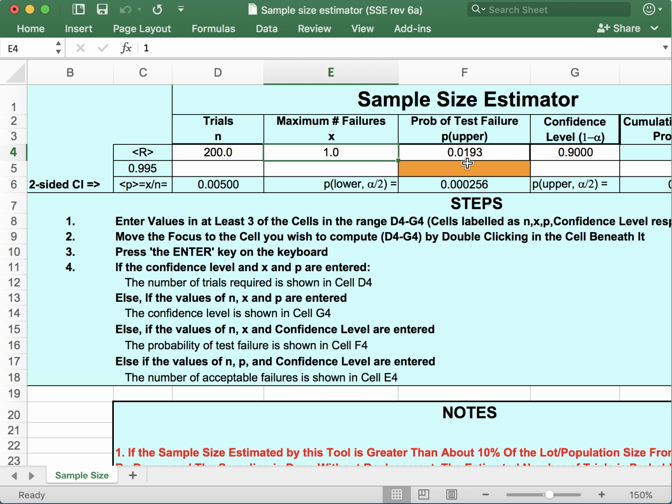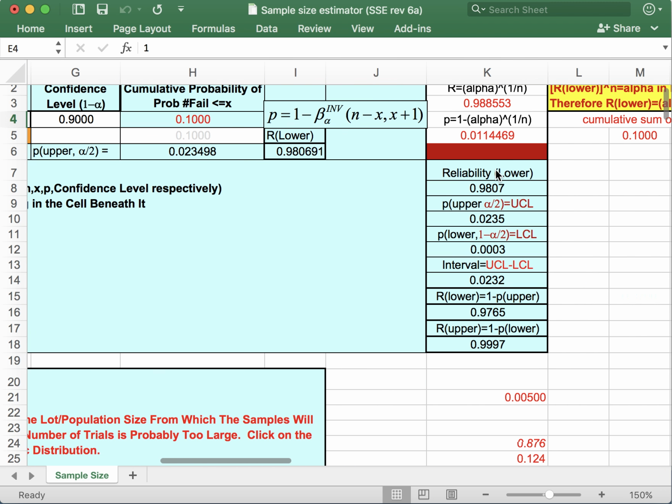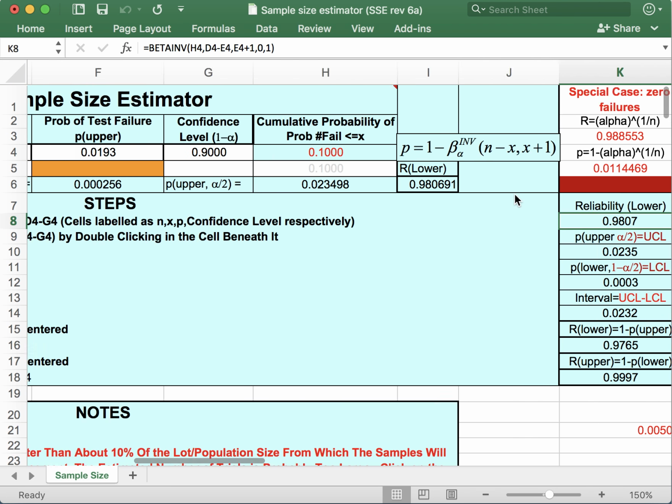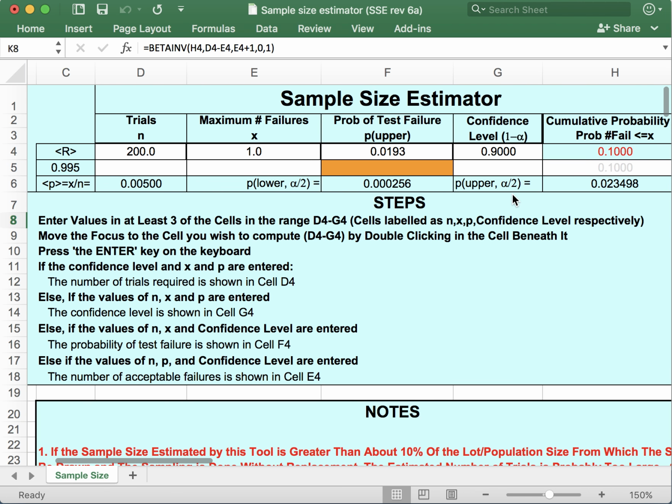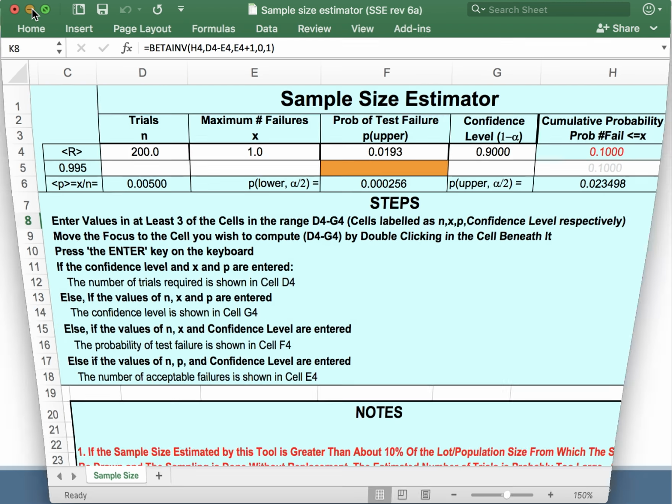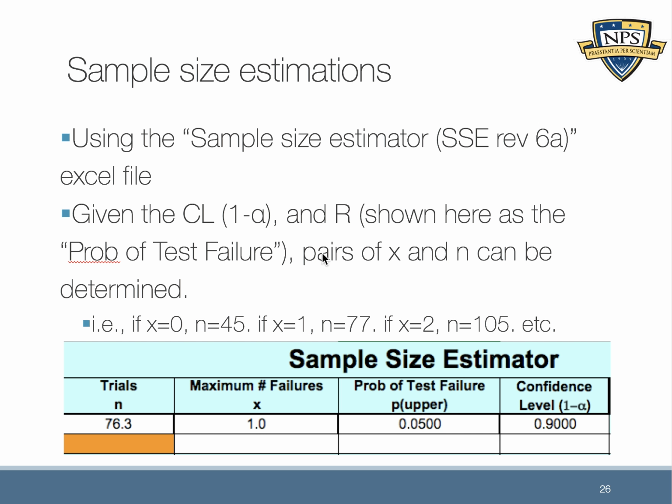So 0.9817, or what I think the value is over here. Yeah, so 0.9807. So that's another way that this calculator can be used. You can look at the number of samples, the number of allowable failures, or the reliability / probability of failure. Okay, so it's a pretty useful calculator, and I've got an example on here as well.